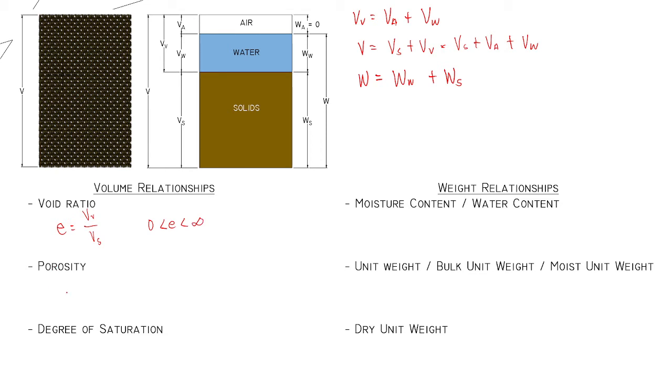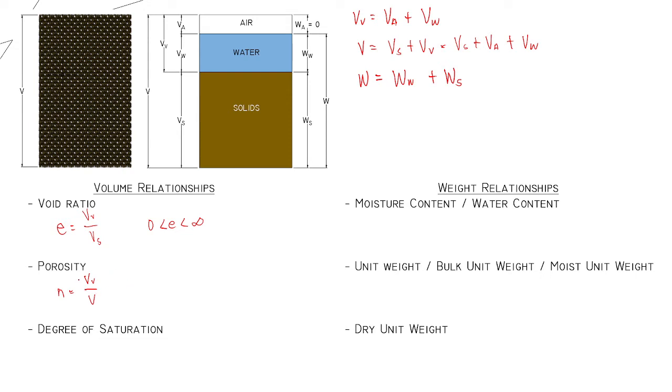And next is the porosity. So porosity is the ratio of the volume of voids to the total volume of the soil sample.